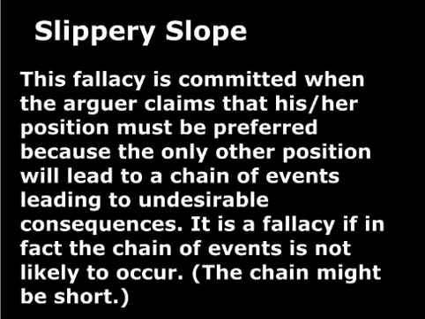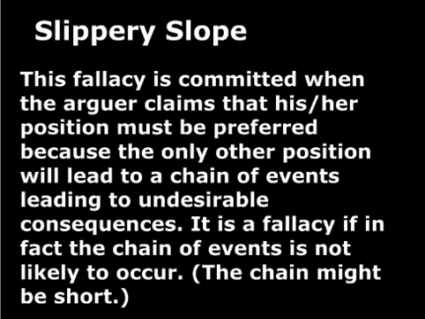It's a fallacy committed when the arguer claims that his or her position must be preferred to some rival position because the rival position will lead to a chain of events, right? If we adopt that position, or accept the conclusion of the rival position, that'll be the first stage in a chain of events that leads to some undesirable consequences.